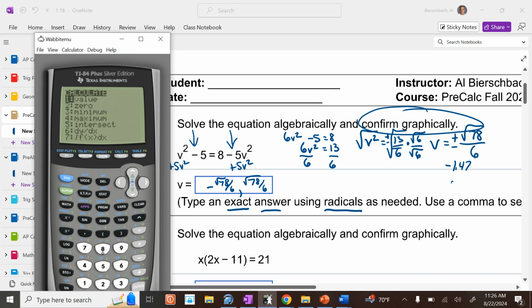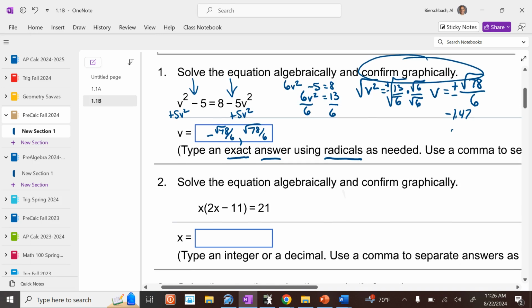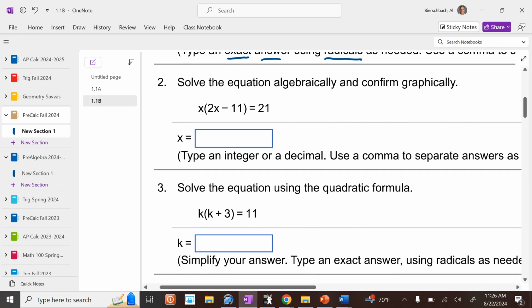Second trace, 5. If I go to the right, go enter, enter, enter, I get 1.47. Okay? So we confirmed it graphically. The graphing calculators can help us figure stuff out or check our answers. Okay? Number 2, it says, solve the equation algebraically and confirm graphically.